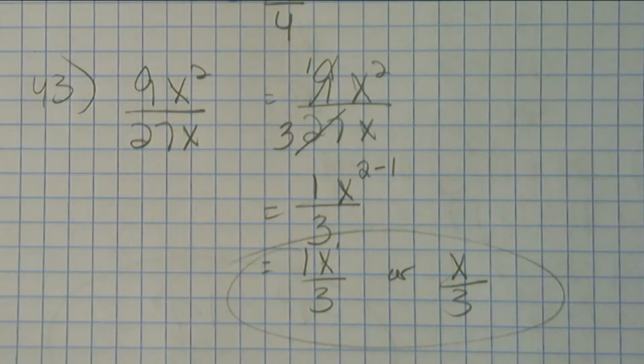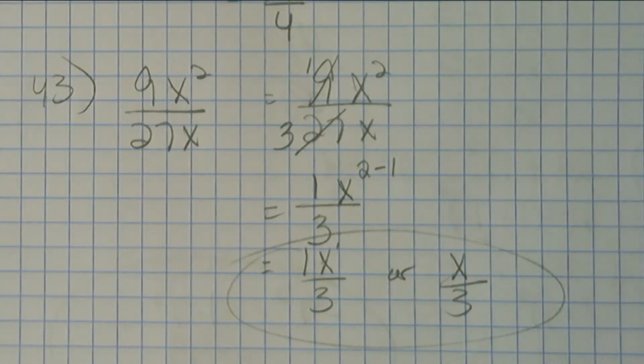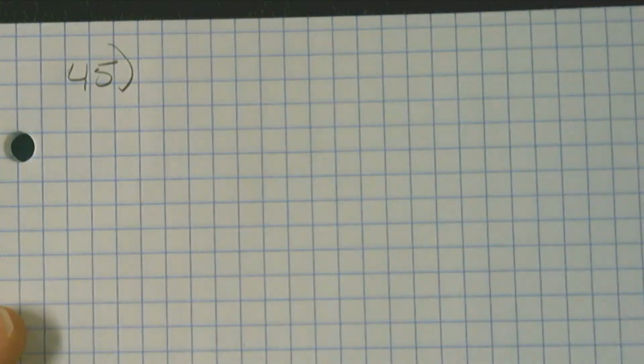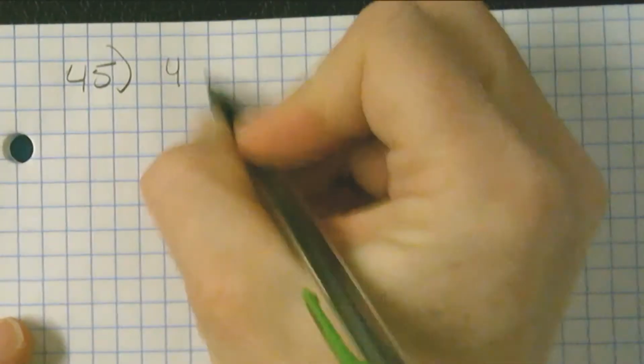All right, let's take a look at 45. 45 is just one of those ones where you've got to keep track of what you're doing. You've got to keep track of being organized. 45 tells us that we have 1, 2, 3, 4 people.